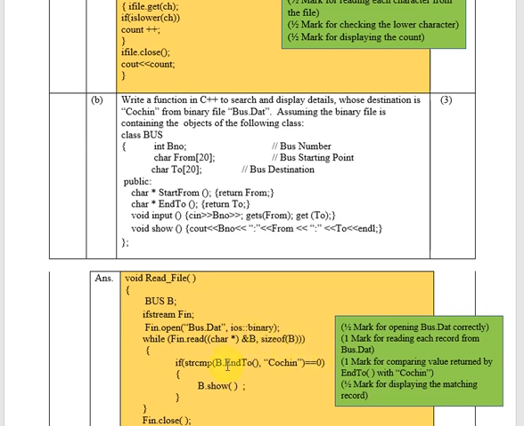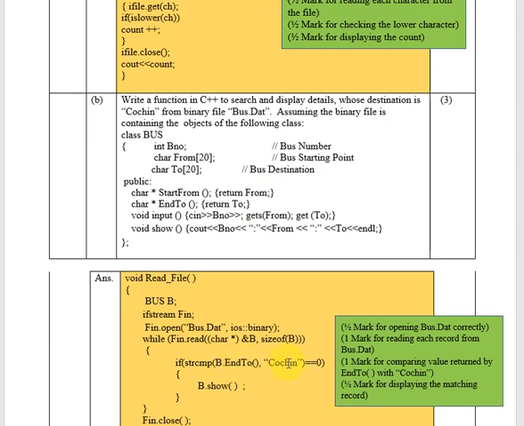Now from the buffer we will check whether the data stored in it is Cochin or not. For that we will use the strcmp function because we are comparing two strings, and b.n2 will return the to, that is the destination which is stored in record number 1 in the file.